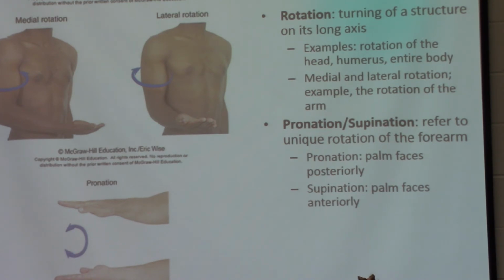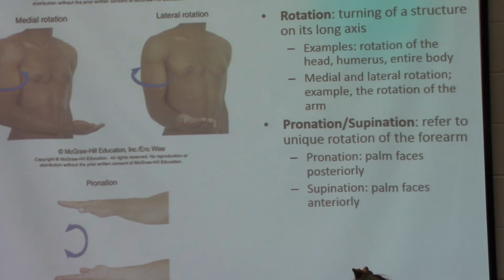Away from the median is called lateral rotation, and towards the median is called medial rotation. So away and towards define the types of movements that are made. Either it is lateral or it's medial rotation.